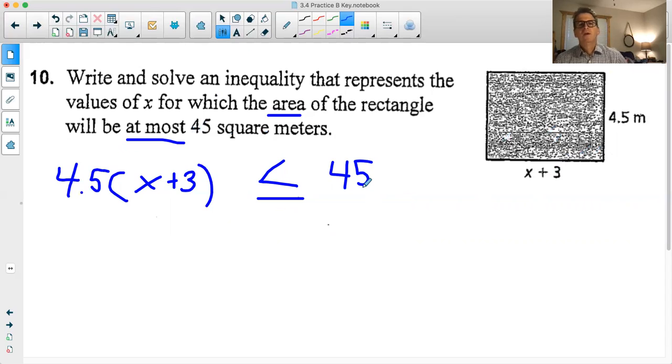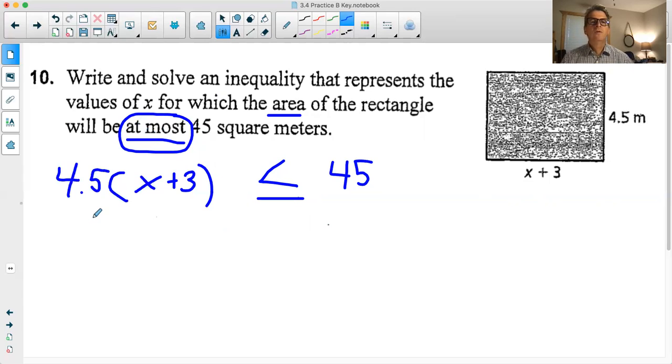Okay, so again, if you were curious, this is from 3.1, this wording at most. There's a nice graph there that tells us some of the symbols with regards to the words, but at most would be less than or equal to.